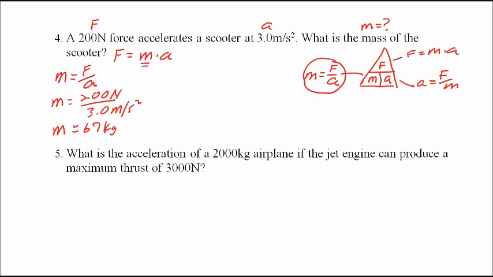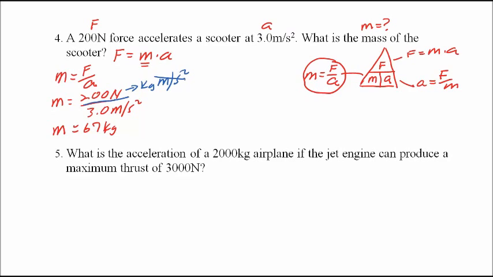Now you might look at this and you might say, well, how did I get the kilogram down here? Well, keep this in mind. This Newton that you see right here is actually a kilogram meter per second squared. That meter per second squared is above this division line right here. And this meter per second squared is below a division line.